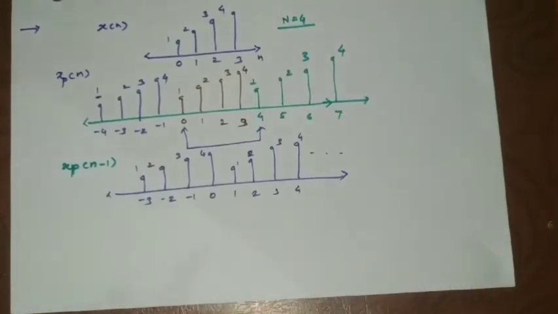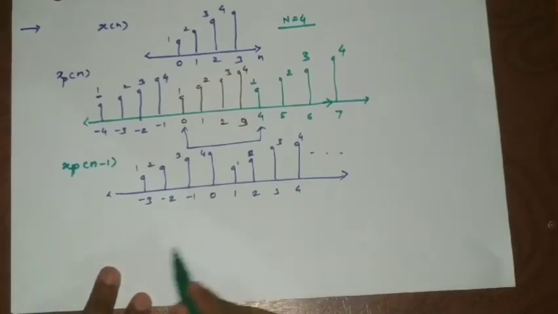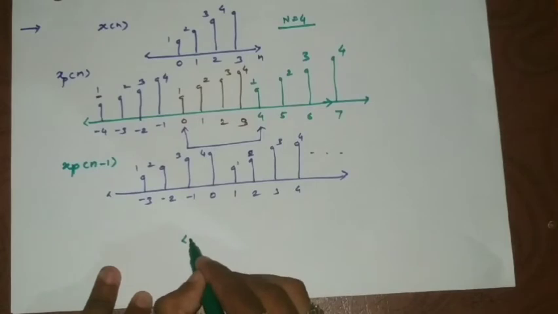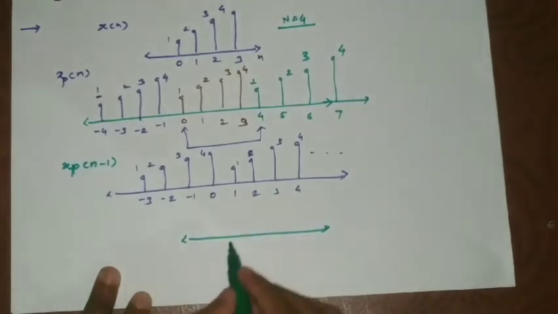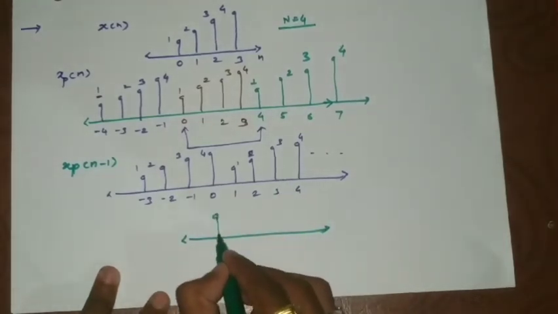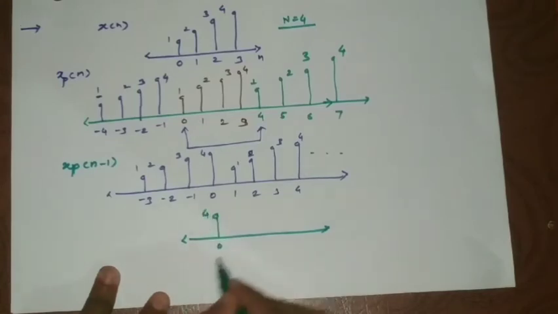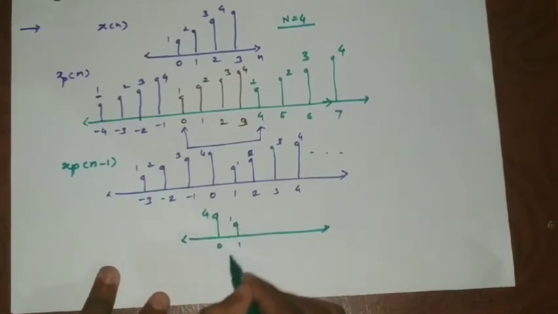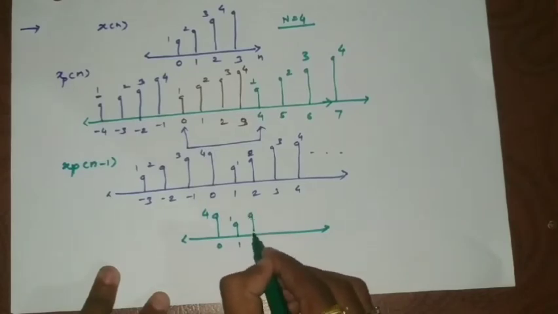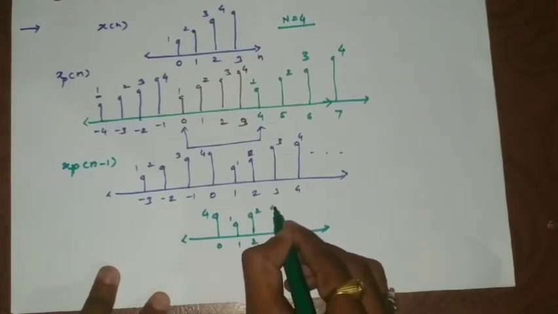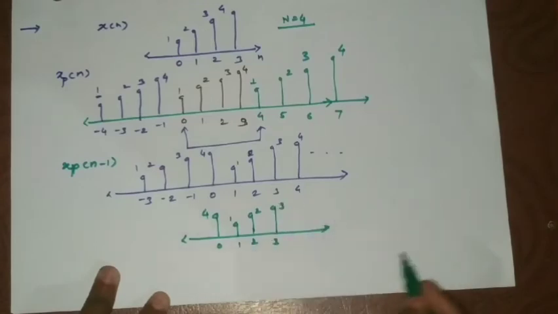So it is simply indicating that it depends upon how many samples we are adding or shifting. Now I will take only the 4 required samples, that is 0, 1, 2, 3. When we take 0, 1, 2, 3 from this particular term, for 0 we have the amplitude 4, for 1 the amplitude is 1, for 2 the amplitude is 2, and for 3 the amplitude is 3.